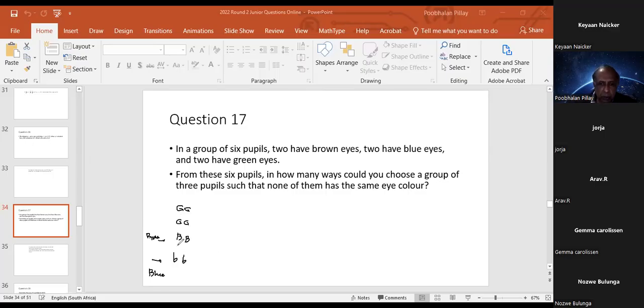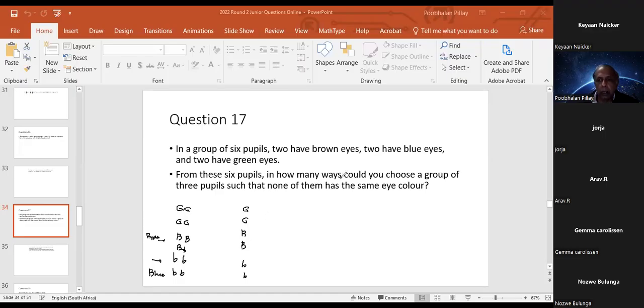Okay, so you have 2 of them have got that, and 2 have got that. These are the eyes, by the way. So let's not talk about 2 eyes. That's rather silly. So we can say there are 2 people who got green eyes, 2 people got brown eyes, and 2 people got blue eyes.